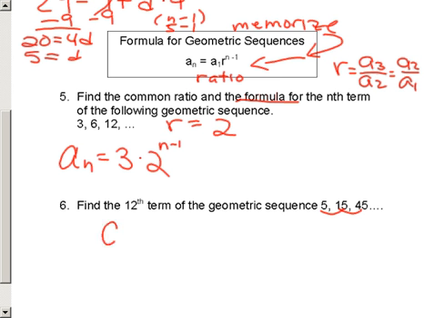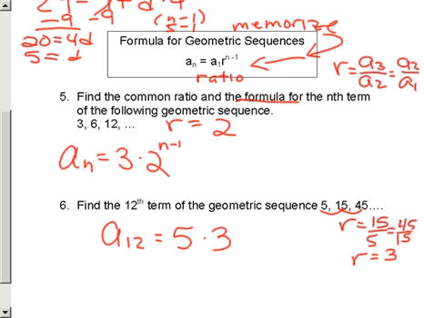So we're looking for A12. A1. So then for the 12, we're going to do 3 to the 3 times 3 times. What's my power?